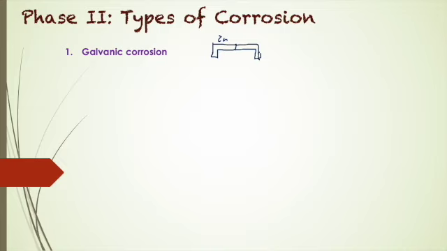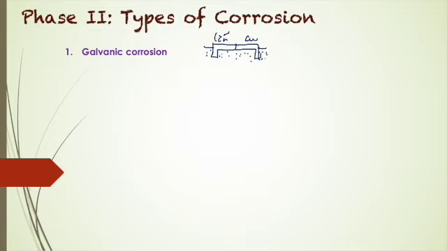This part is made up of copper and they are exposed to the conducting medium which acts as electrolyte. So what happens, zinc and copper are in contact with each other in the presence of electrolyte. Then you know that zinc is higher up in the electrochemical series or the galvanic series that we just mentioned as compared to copper.